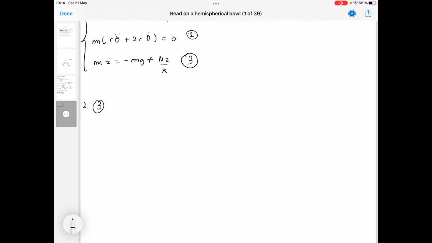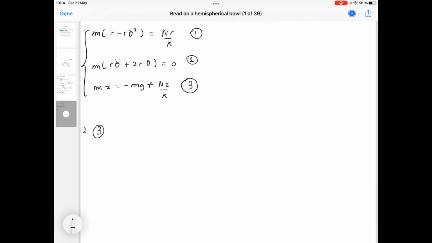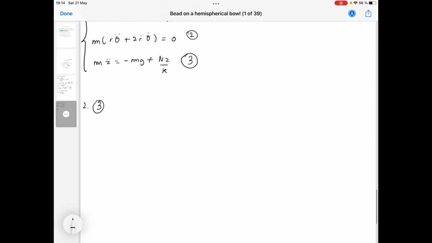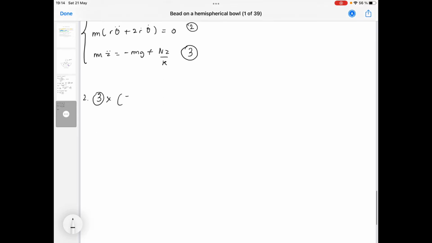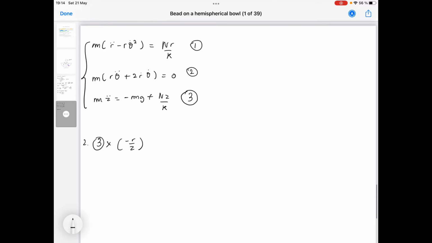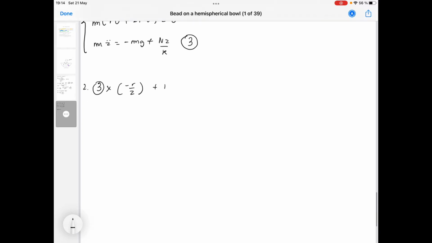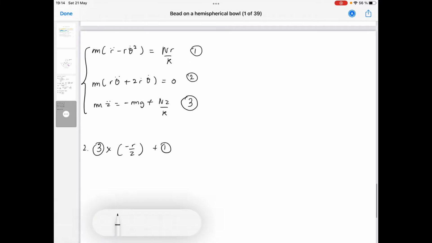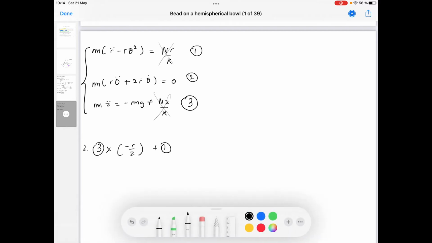So if we take equation 3 and we multiply it by minus little r over z, and we add it to 1, we see that these two terms are going to get cancelled out. So let's do it.